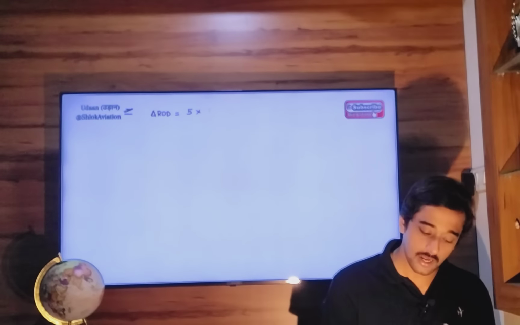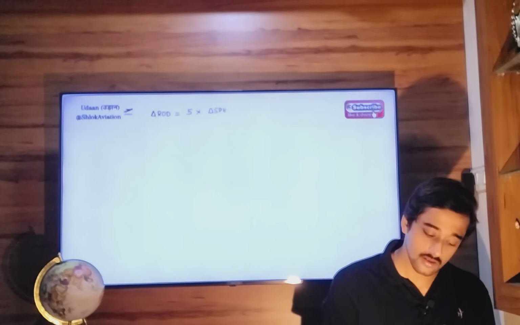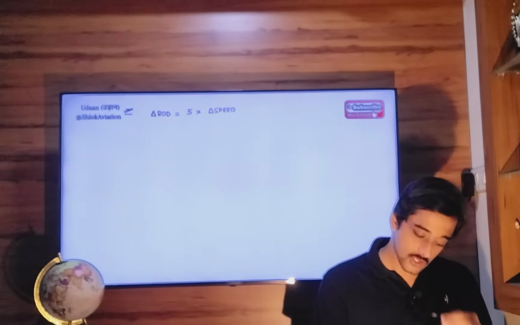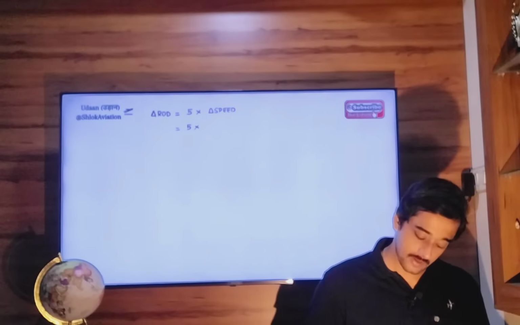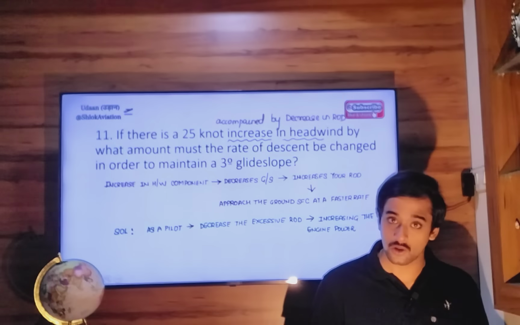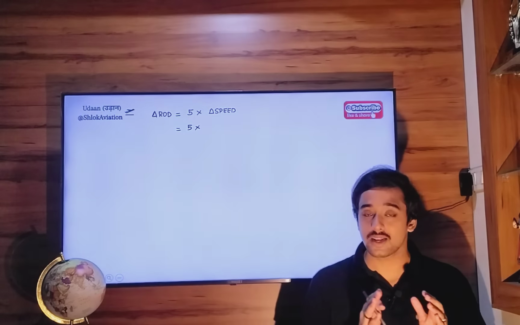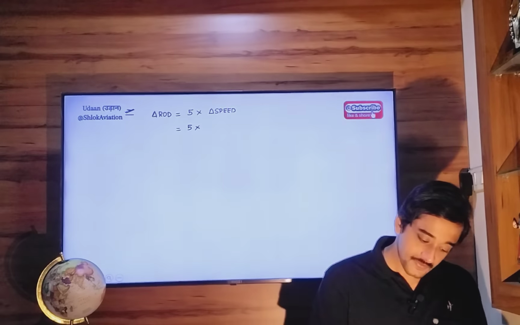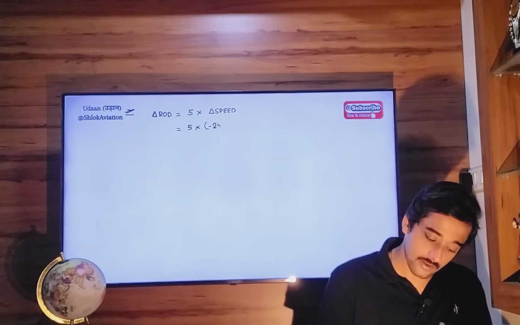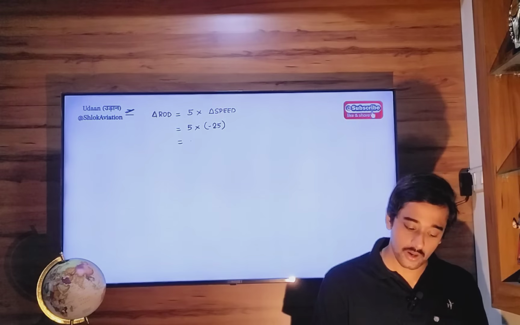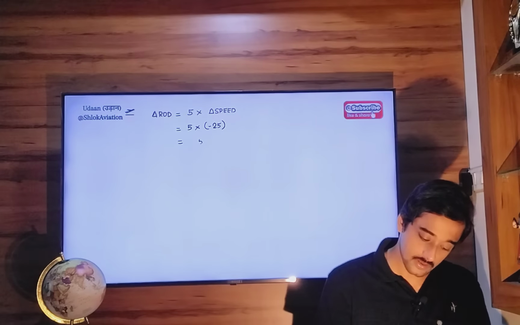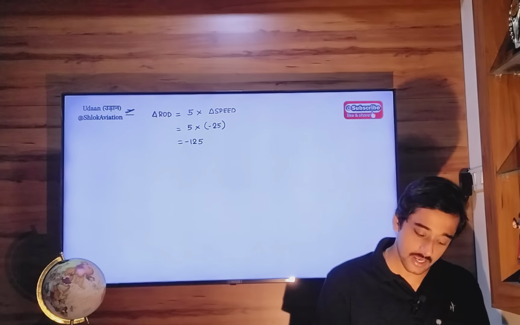So what is the formula? The change in rate of descent required is equal to 5 multiplied by change in speed. So 5 multiplied by change in speed, that is 25 knots. A 25 knot increase in headwind will be equal to a 25 knot decrease in ground speed, so minus 25. 5 into 25 is 125, minus 125.